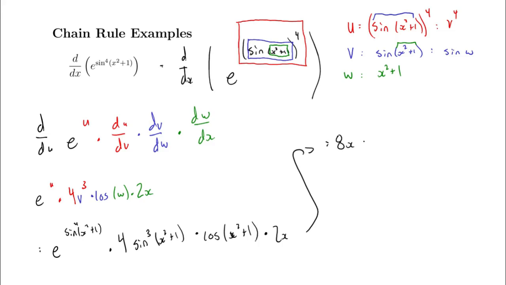Then I'm going to use my trig functions: sine cubed of x squared plus 1 times cosine of x squared plus 1 times e raised to the sine of the 4th x squared plus 1. That's my derivative. Notice, though, when we color code these, it's really just the derivative of each link with regard to the stuff on the inside of it. I say just. There's a lot of work to get there. This is not a small problem.